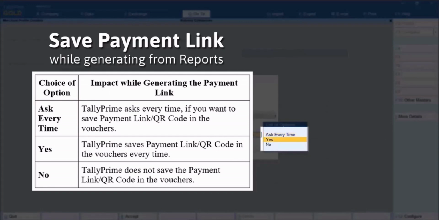If you set it to yes, it will save the payment link or QR code in all the selected vouchers without asking. If you set it to no, it will not save the payment link or QR code in the vouchers. Let's set it as Ask Every Time.